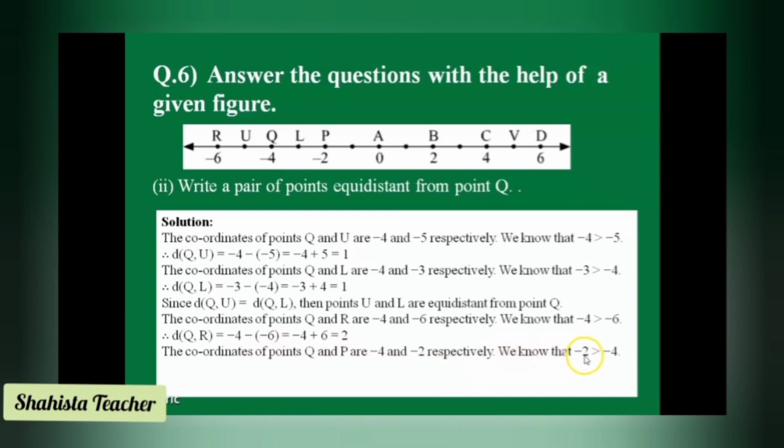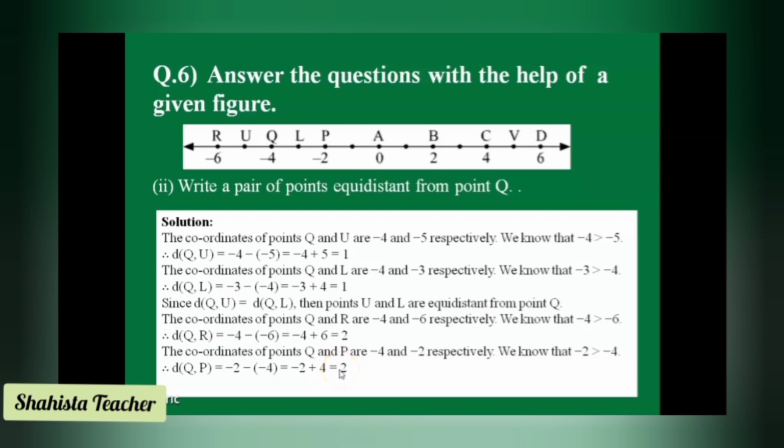We know that minus 2 is greater than minus 4. Now we calculate the distance of Q to P, which is minus 2 minus, inside the bracket, minus 4. Again 3 minus signs. So minus minus becomes plus 4. So plus 4 minus 2 gives us positive 2.